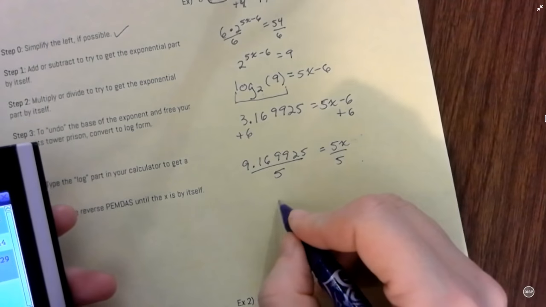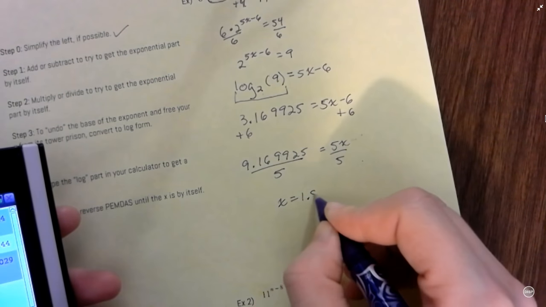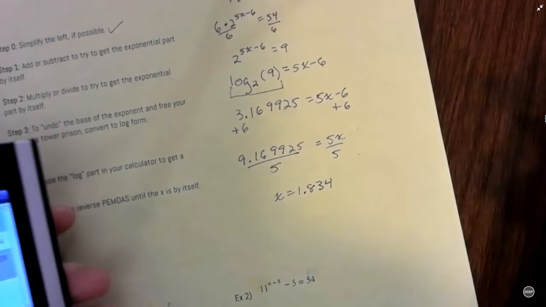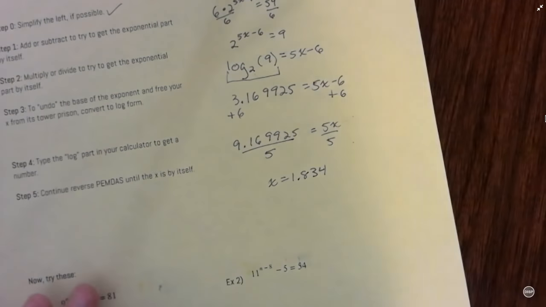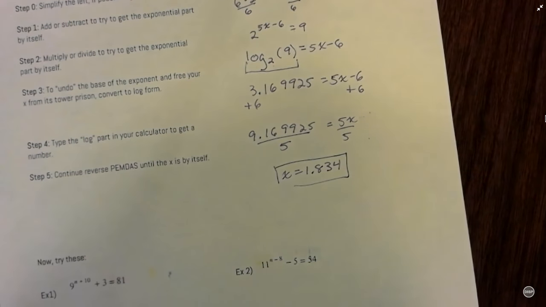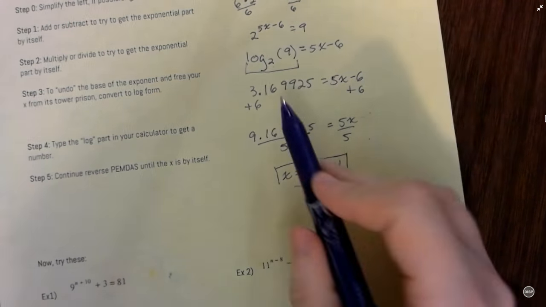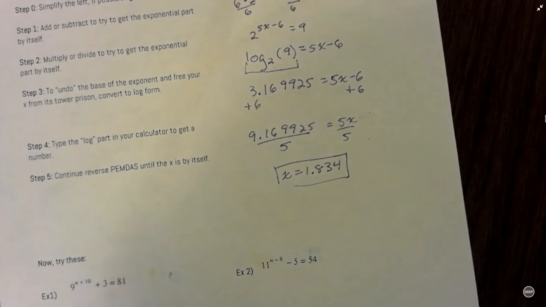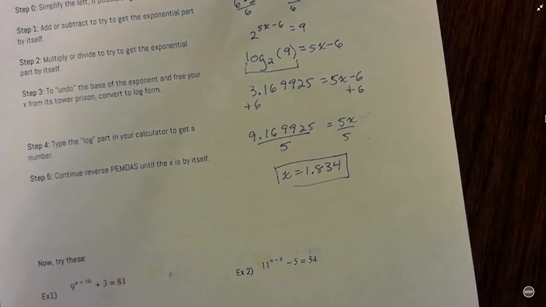And we get x equals 1.834. Let's round it to 3 decimal places again. So that's basically it. So it's just your favorite thing, reverse PEMDAS with the logarithm step. So let's try one more together, and then you're going to try one yourself.